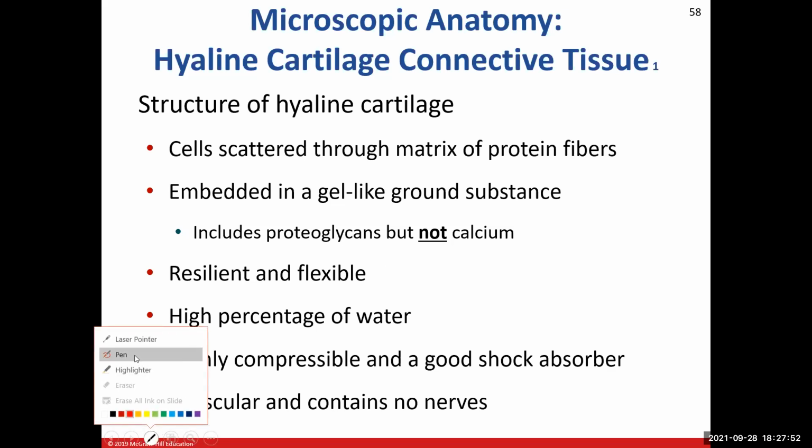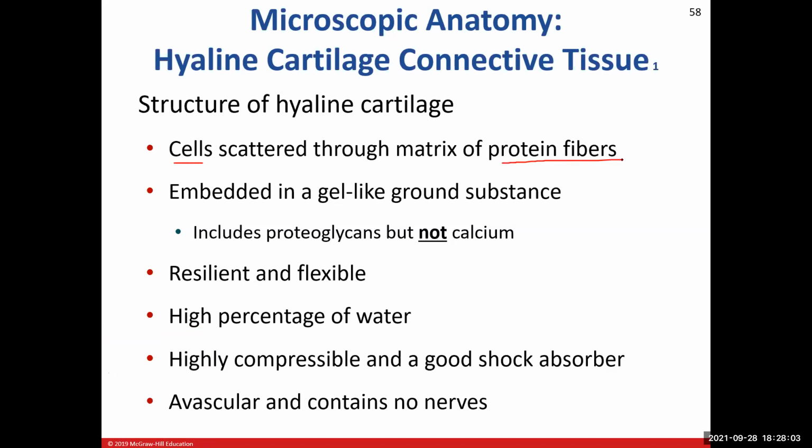In the hyaline cartilage, we have cells that are going to produce the extracellular matrix. The extracellular matrix is going to be made up of protein fibers, predominantly collagen protein fibers. We're also going to see some ground substance, with proteoglycans located predominantly there, in a bunch of water.